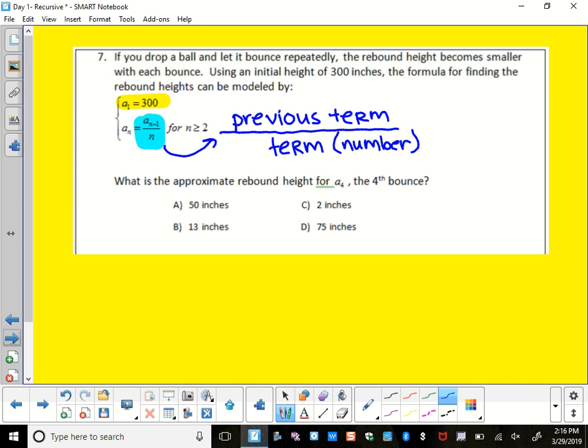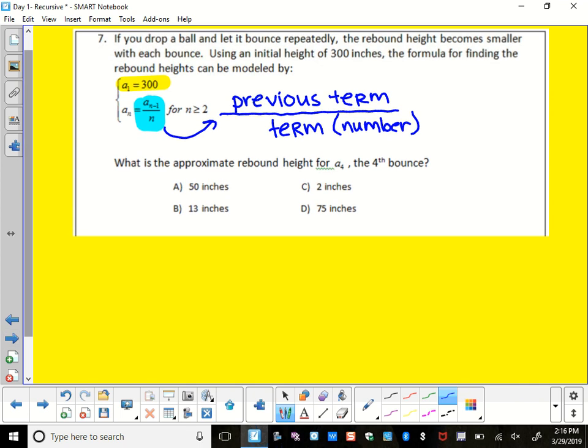So your question asks you, what is the approximate rebound height for a sub 4? That just means your fourth term, okay? So let's walk through this. My first term was what, Isaac? First term is 300.